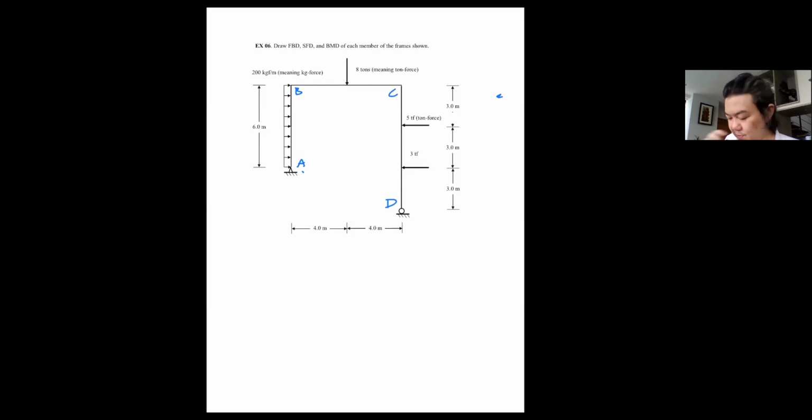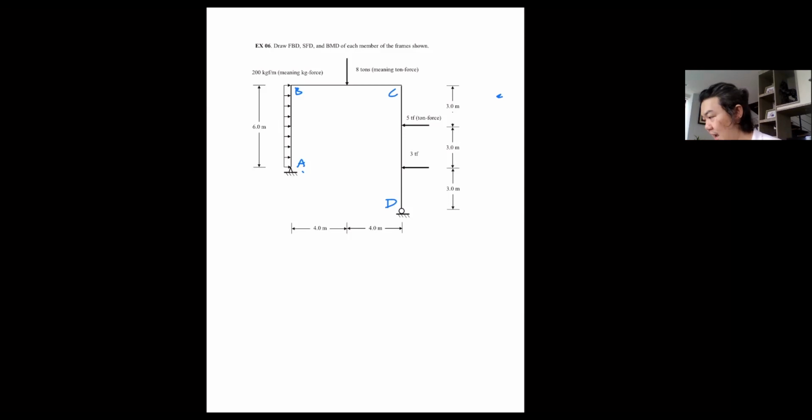But if you name things properly, maybe it should help your organization when you do the problem, especially under the time constraint, the exam, that is. Okay, so if you name your structure well, your thinking, your analysis will be more organized, and then it should help. Okay, so let's go.